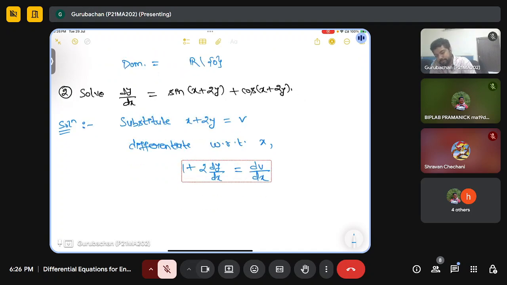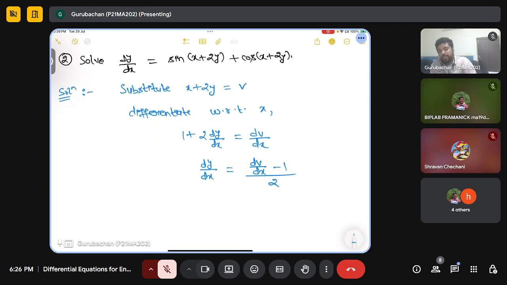So this will give you dy by dx is equal to dv by dx minus 1 divided by 2. Kindly stop me wherever you felt there is any mistake or any typo done by me. dv by dx minus 1 divided by 2 equals sine v plus cos v.